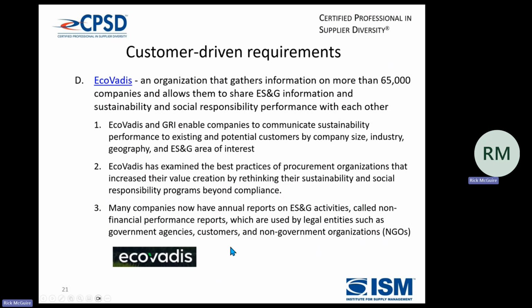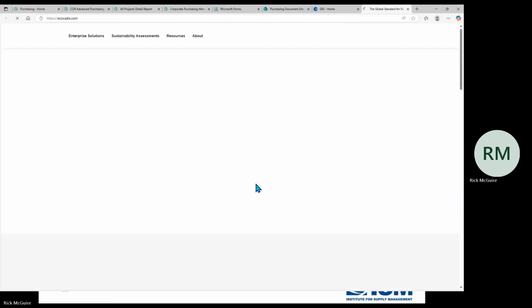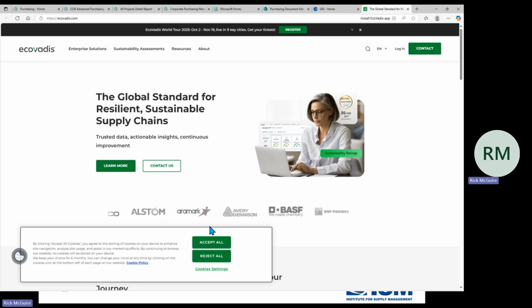And many companies now have annual reports on ES&G activities called non-financial performance reports, which are used by legal entities such as government agencies, customers, and non-governments. I know PACCAR reports it in their annual financial reports. They have a section on it. Here's EcoVadis.